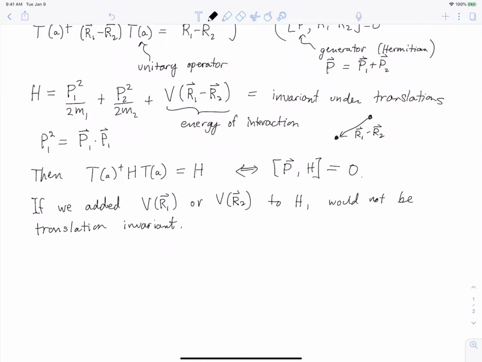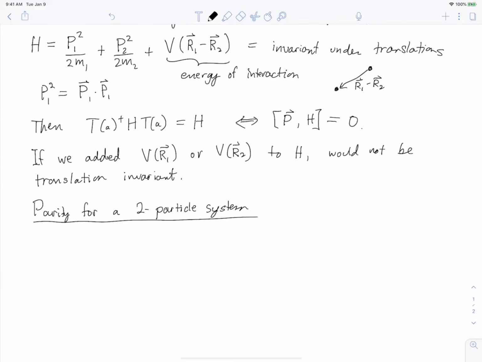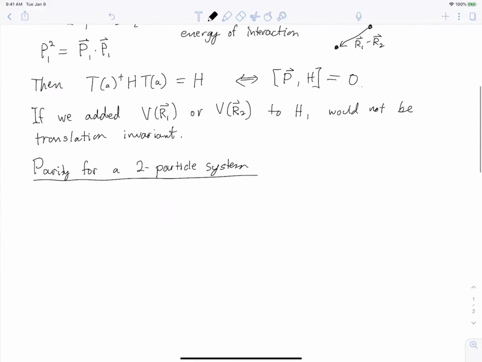Now we can do the same discussion for parity for a two-particle system. So first of all, we should define what parity for a two-particle system is. And I can do that by telling you how it acts on the eigenstates of the system in any basis.